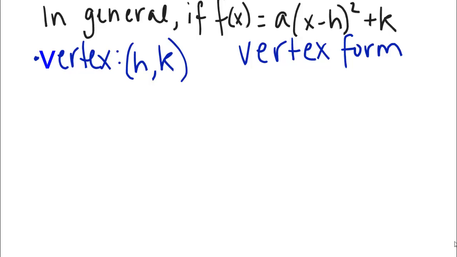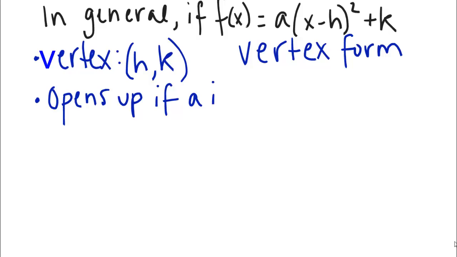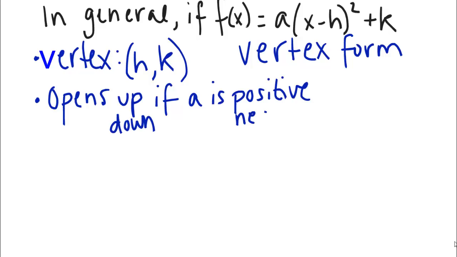This is a general equation right here. f of x equals a times the quantity (x minus h) squared plus k. Our vertex is at (h, k). You can think of this as shifted h units to the right and k units up if h and k are positive. I know that the parabola will open up if a is positive and opens down if a is negative.